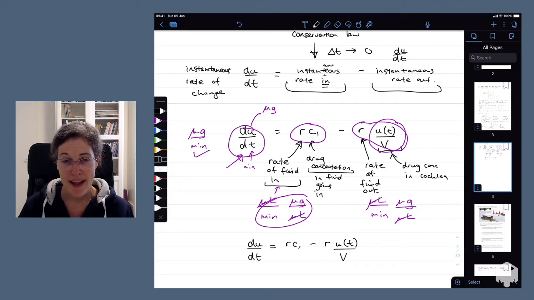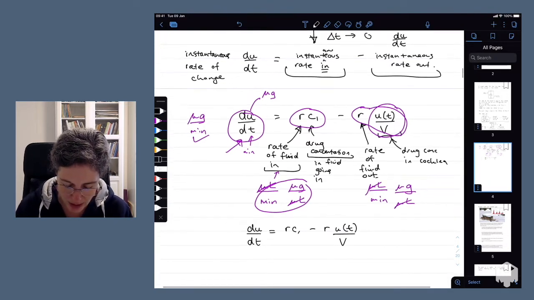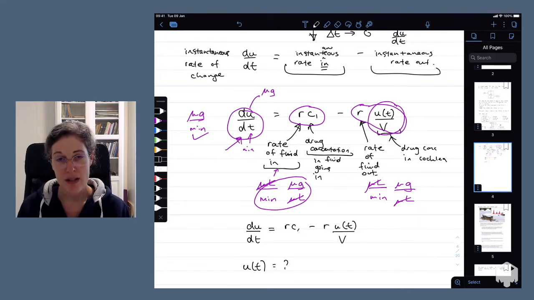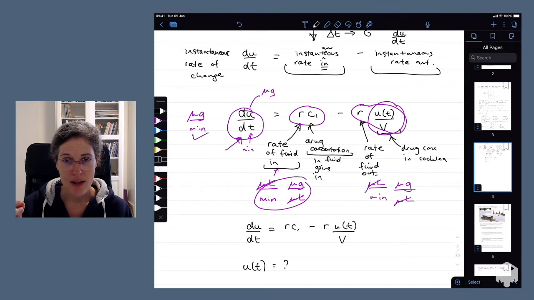Okay, and that's as far as we're going to go right now. But remember, what we want to do is answer the question, what is u of t? What is that function? If I tell you time 5, then can you tell me what the amount of drug is at time 5?